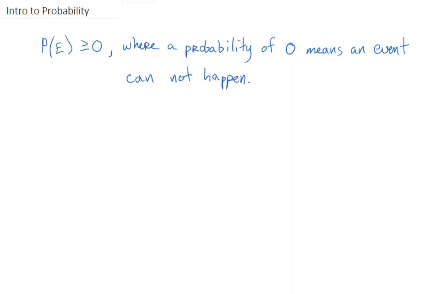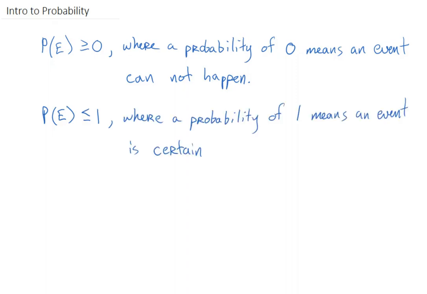With that, we also have that probability is less than or equal to 1, or that probability cannot be bigger than 1, where a probability of 1 means that an event is absolutely certain. So if you have a jar of red marbles, what's the probability of reaching in the jar and pulling out a red marble? Well, it's 100% or 1, because that's the only option.